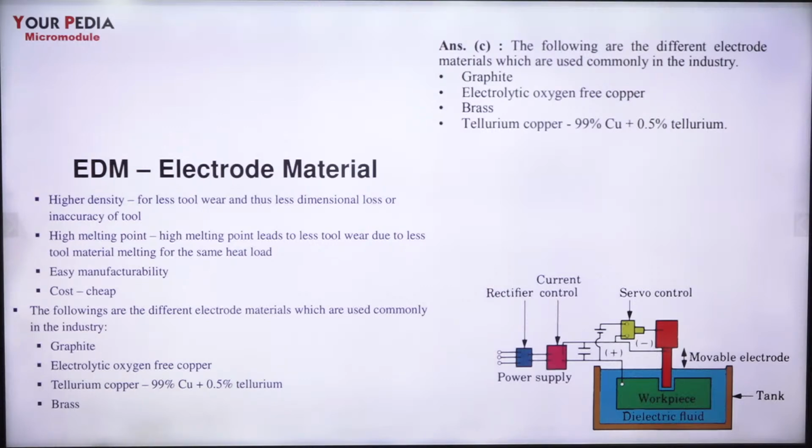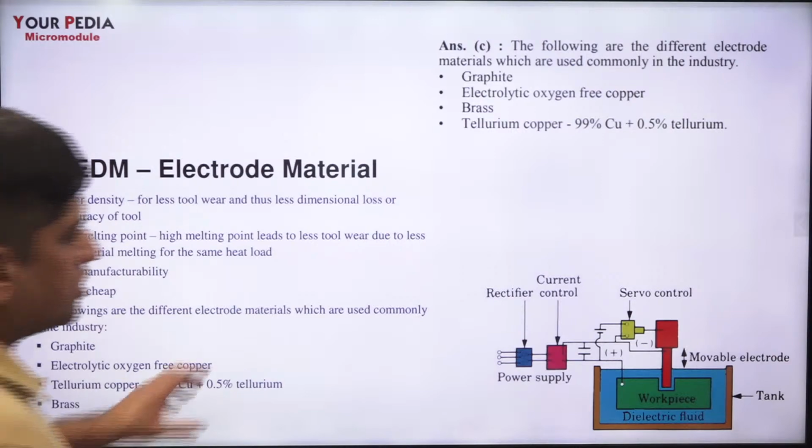High melting point should also be there. Easy manufacturability should also be there. Cost should be cheap. From that perspective, graphite and copper plus tungsten, some alloying element, can be the best suitable material for electric discharge machining. So note down these important points.